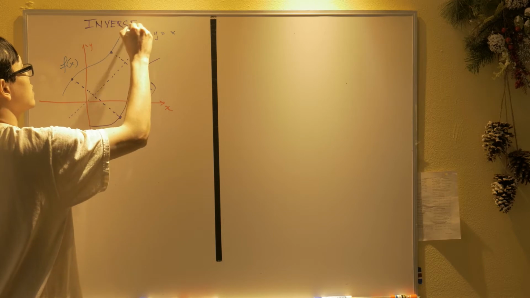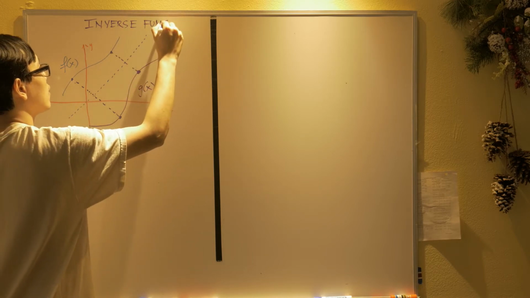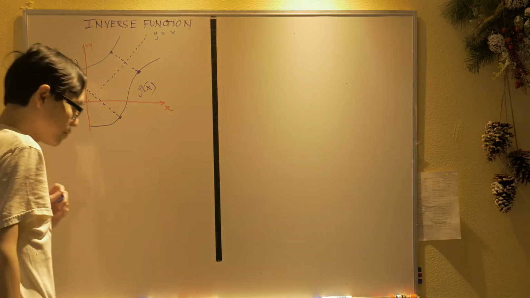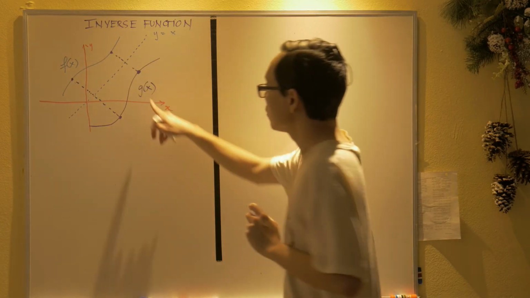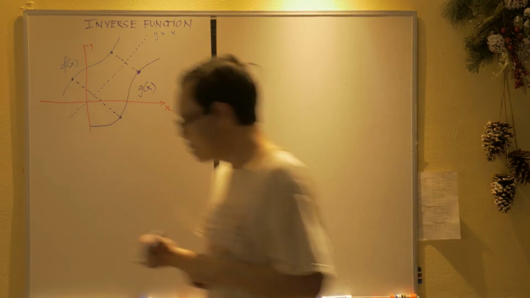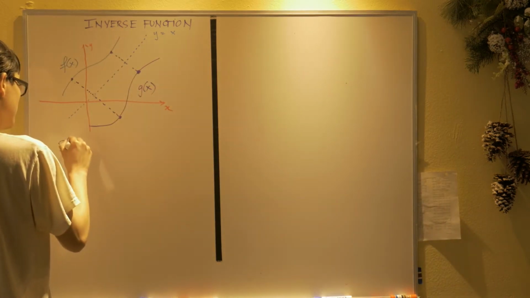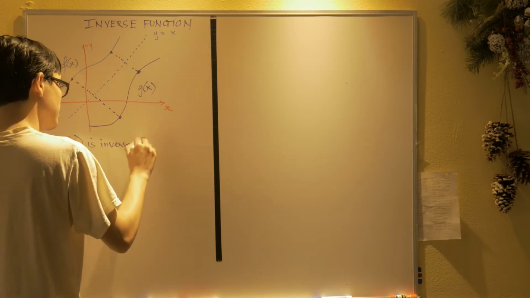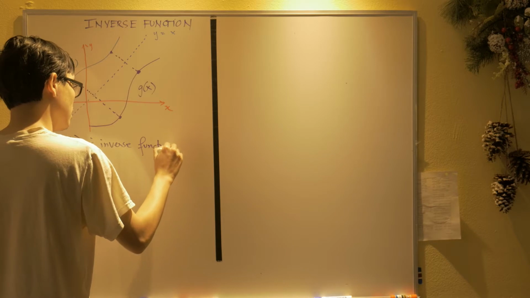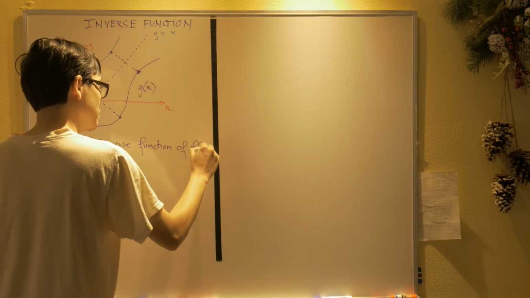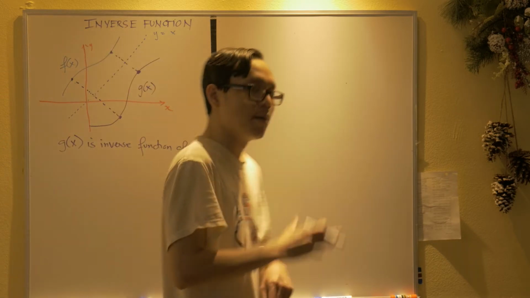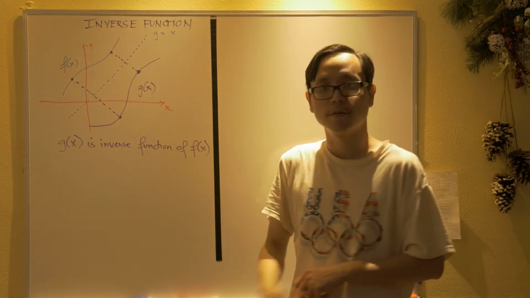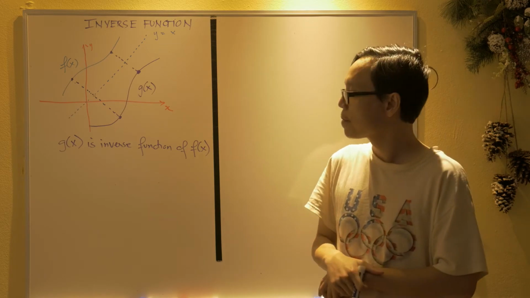Again, g of x is the inverse function of f of x, because g of x is the image of f of x over the line y equal x. You mirror them.